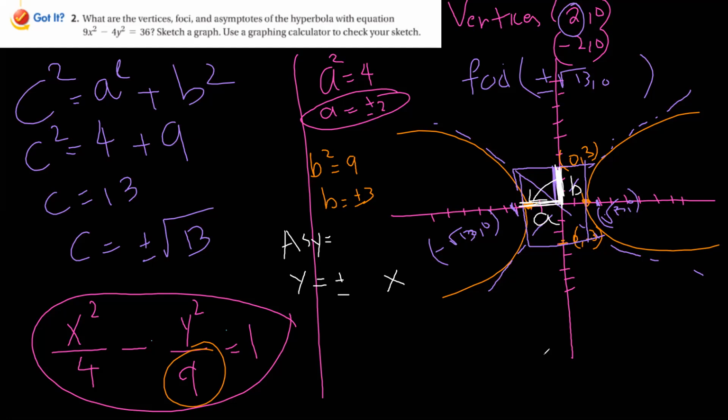Where is b? b is 3. So it has to be 3 over 2. This is the equation of the asymptotes: y equals positive or negative 3 over 2 x.